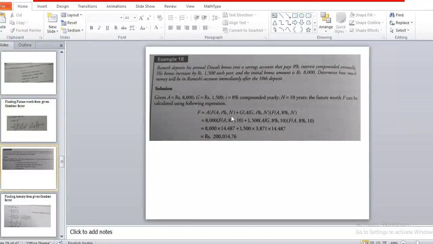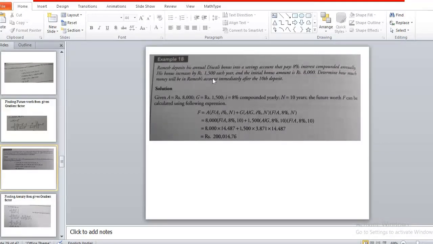In this example, we will get 8,000 amount yearly. In this 8,000, 1,500 amount is added each year.